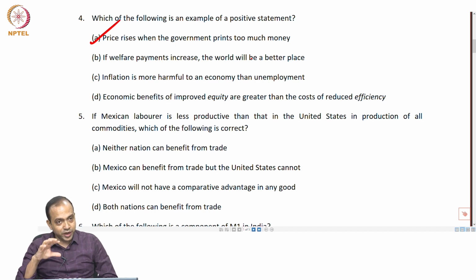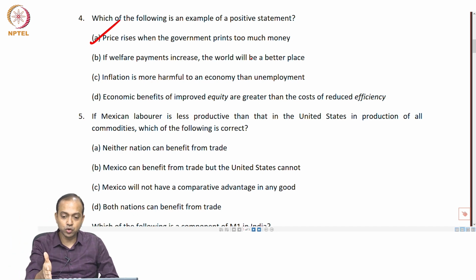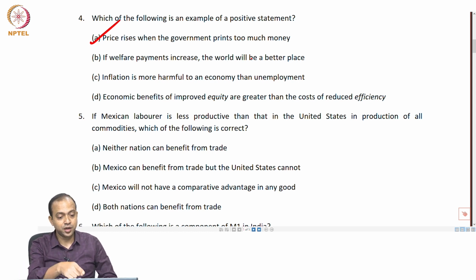And benefit of trade is actually based on comparative advantage. So even though the United States has absolute advantage in producing both, it is possible that Mexico also has comparative advantage in some of the goods.